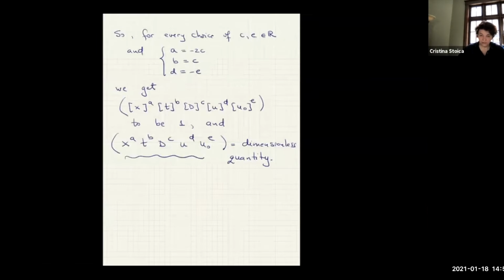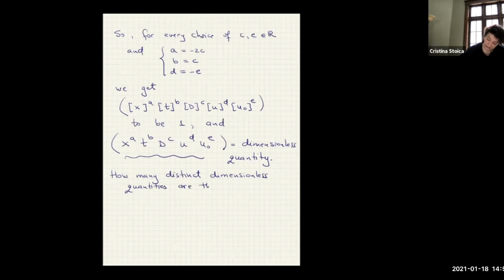So now comes that question, how many distinct dimensionless quantities do we have? How many distinct dimensionless quantities are there? Okay, so that's the key word, distinct.